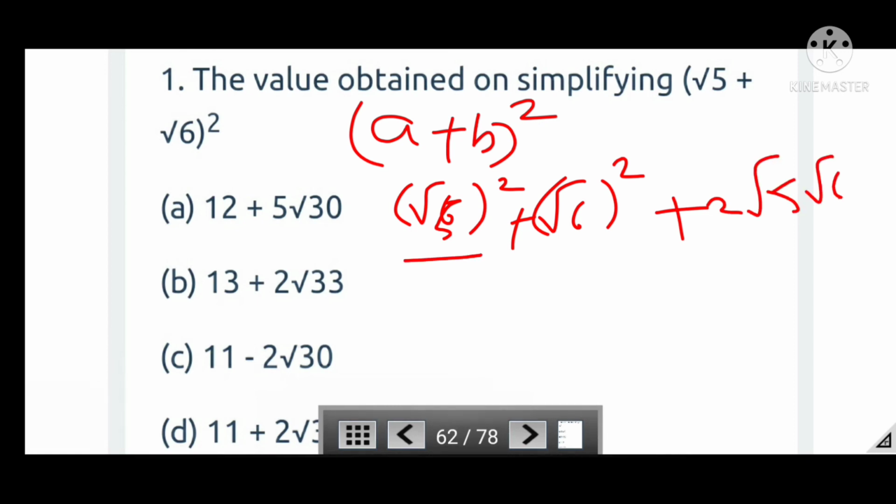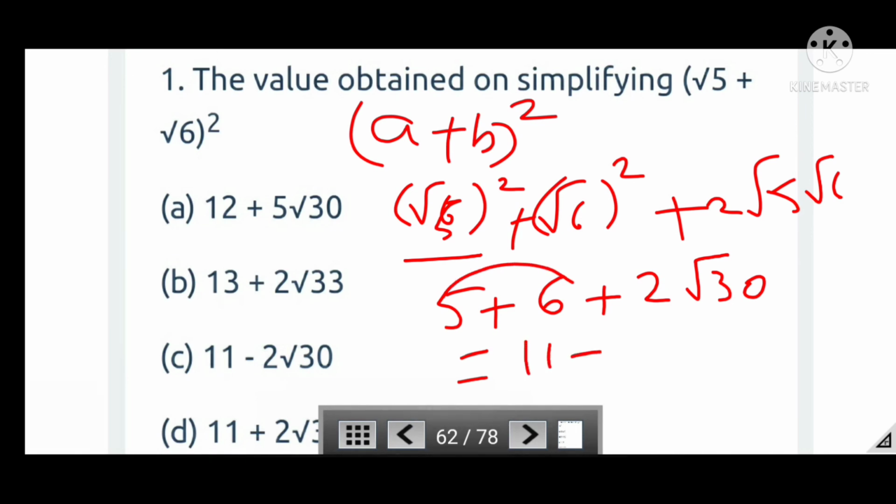Now under root 5 square is equal to 5 and under root 6 square is equal to 6, and 2 under root of 5 multiplied by 6, that is under root 30. So 5 plus 6 is 11 plus 2 under root 30. So the answer is 11 plus 2 under root 30, D option.